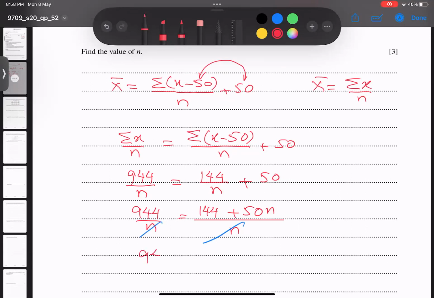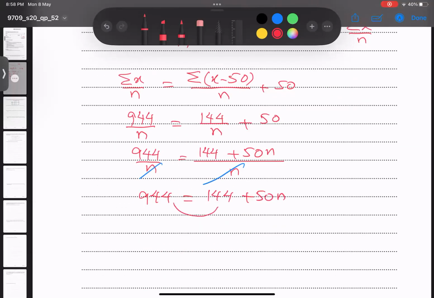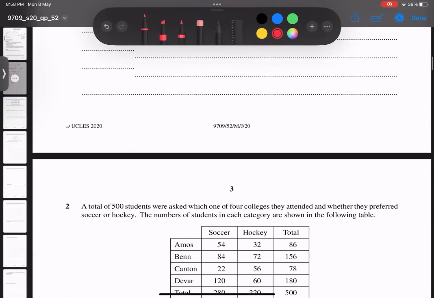So 944 is equal to 144 plus 50n. Subtracting 144, we get 800 equal to 50n. This 50 will divide, so the 0 cancels, and I get 16. I hope the point is very, very clear.